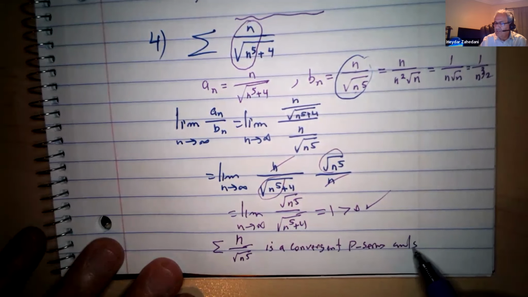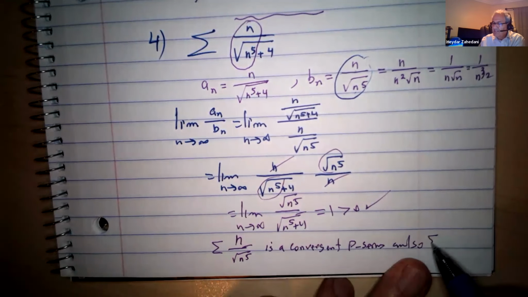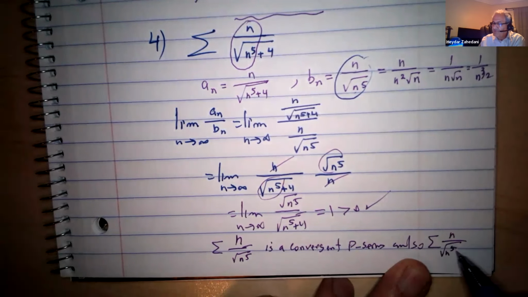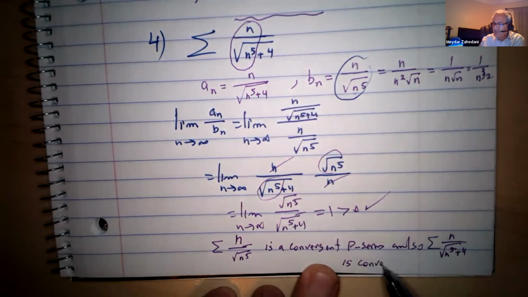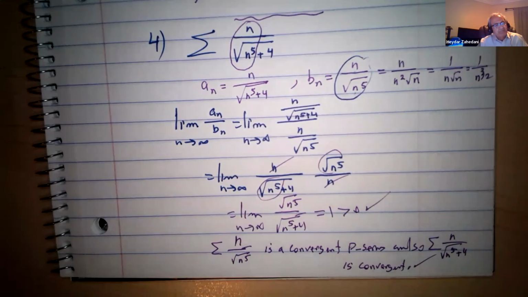And so the given series, sigma of n over n to the fifth plus 4, is convergent. And we're done. Okay, this is the way you are going to use the limit comparison test. It's a great test, really. And then it can be applied everywhere.